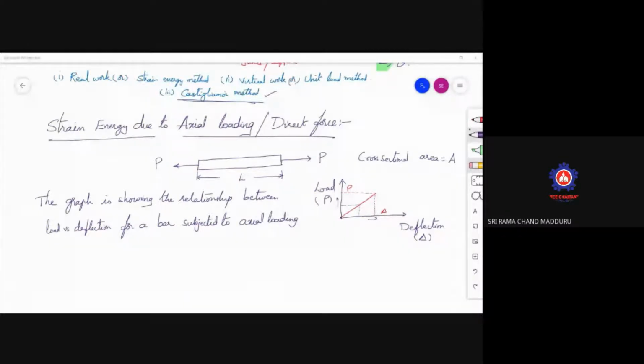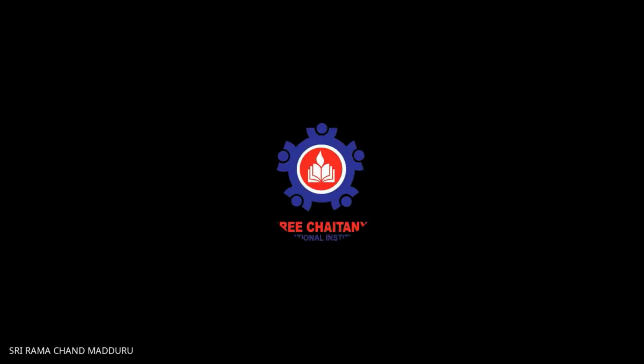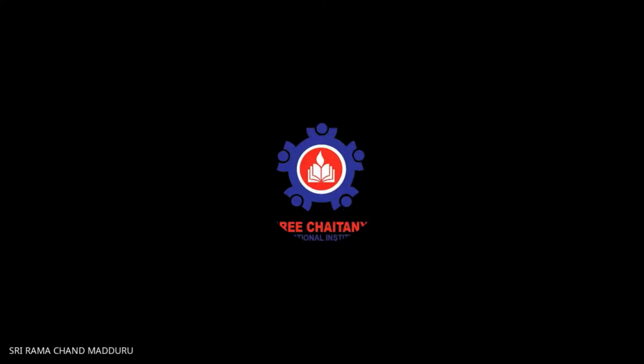If you slightly increase the load, the deflection will also increase. That means if there is an increment in the load by delta P, the increase in the deflection is also delta, or we can refer to it as dx.